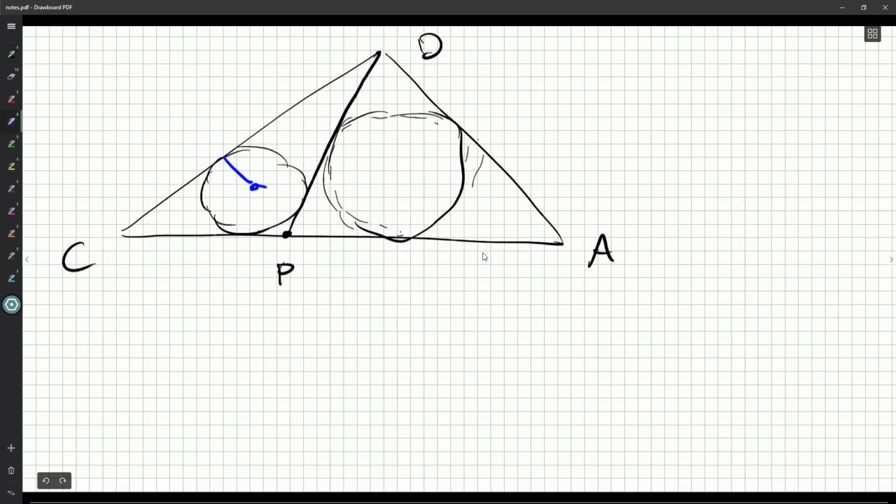Same picture. I hope I have the colors right. Okay, same picture, but when I look at it like this, I think about AP, which I think we called Z, and CP, which we called X.